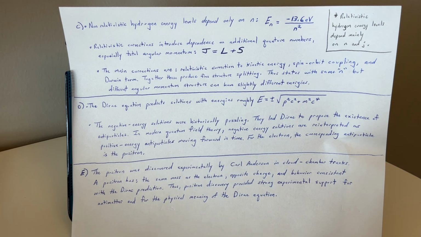A positron has the same mass as the electron, opposite charge, and behavior consistent with the Dirac prediction. Thus, positron discovery provided strong experimental support for antimatter and for the physical meaning of the Dirac equation. Very famous, very nice, elegant equation in physics.